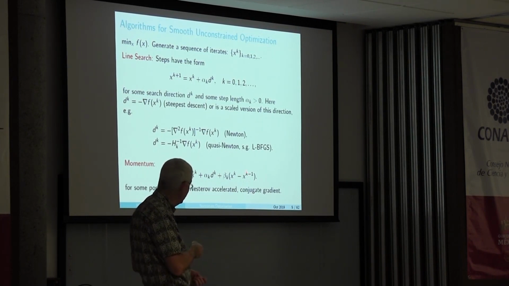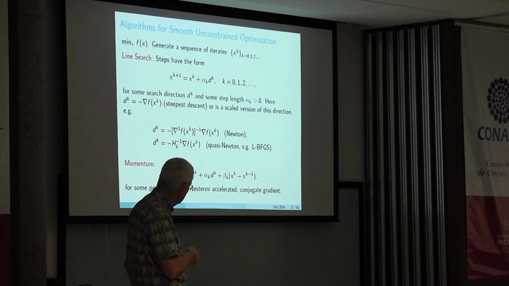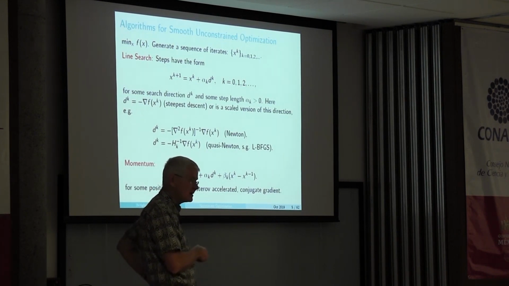You continue to move in that direction, but you make a small modification to bring in new information from the negative gradient. So that's the alpha k part of the step. This idea is very simple, but it turns out to improve the convergence properties quite significantly, both in theory and in practice.